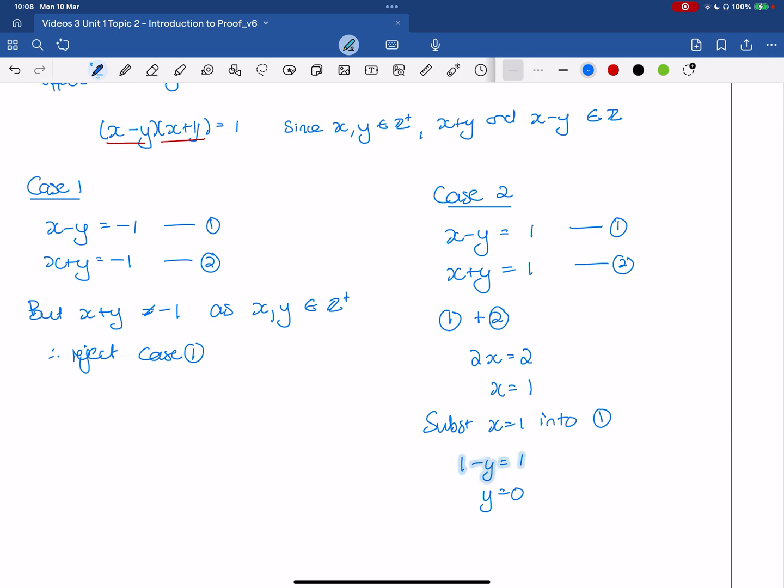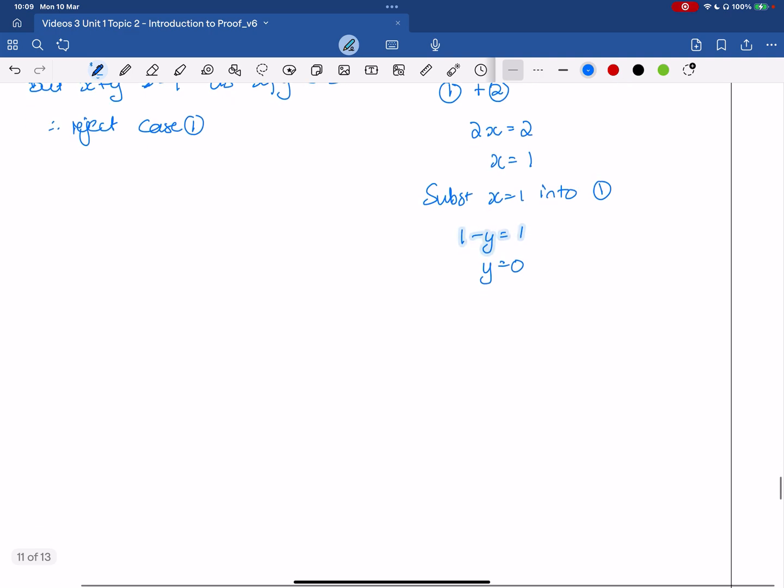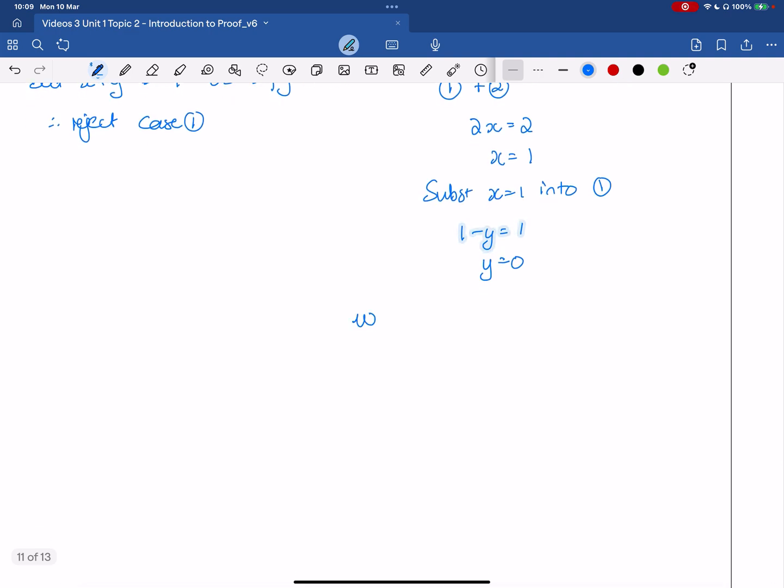But the problem with y equaling 0 is that we said up here that y is a positive integer and 0 is not a positive integer. So we've got a contradiction there, which contradicts that y is an element of the positive integers. Okay, so y can't equal 0.